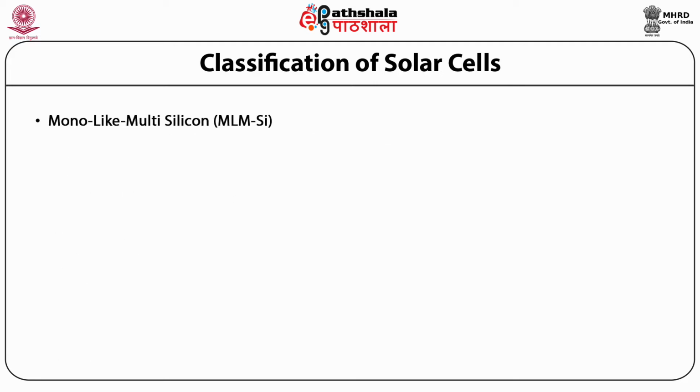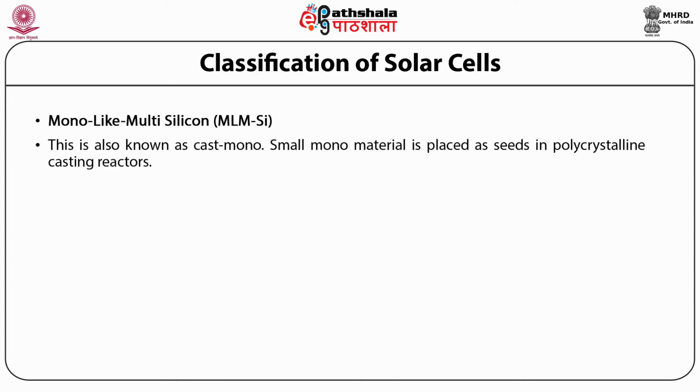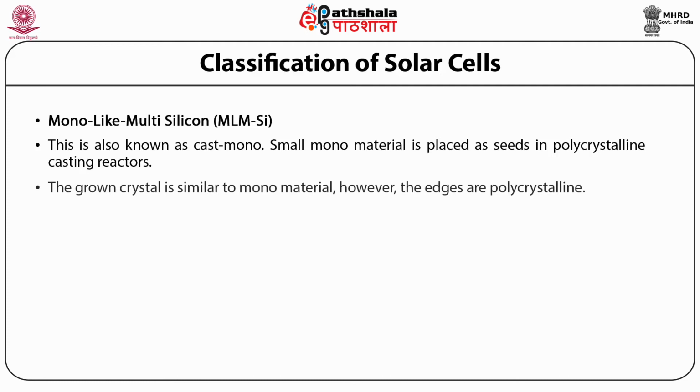Now, monolike or multi-silicon, that is MLM silicon. This is also known as cast mono. Small mono material is placed as seeds in polycrystalline casting reactors. The grown crystal is similar to mono material.